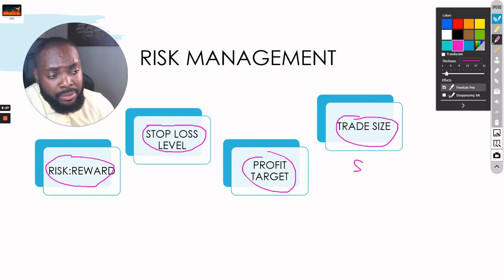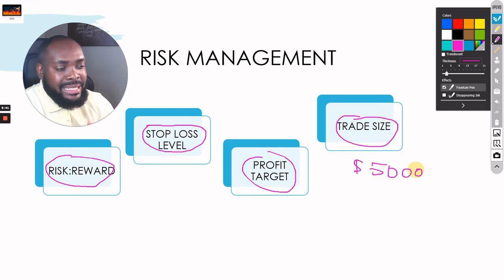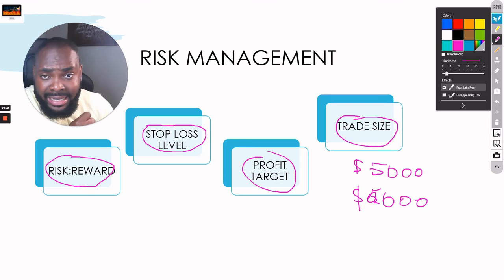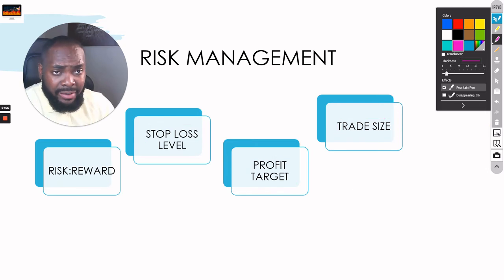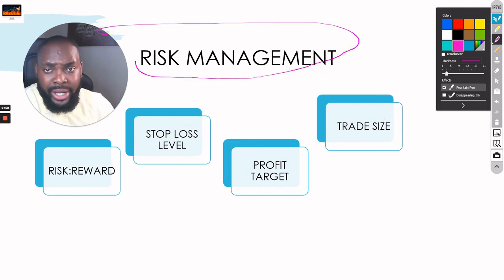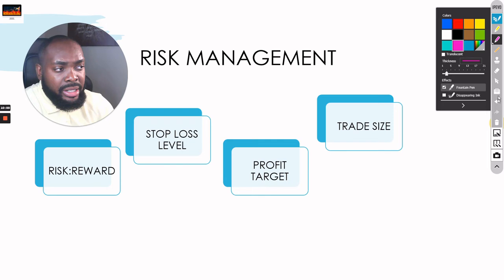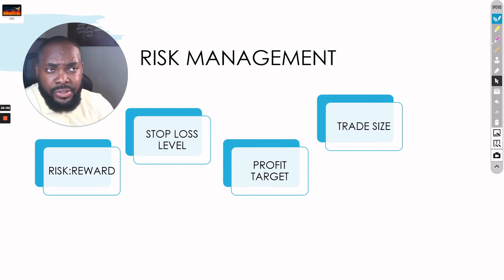In this case, I would probably do a $5,000 trade, so at least I'm able to take two $5,000 trades. If one doesn't work out, at least I still have 50% of my account. So trade size is super important, and this is something you have to consider when it comes to risk management when you're developing your trading plan.